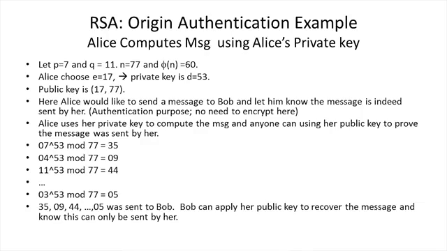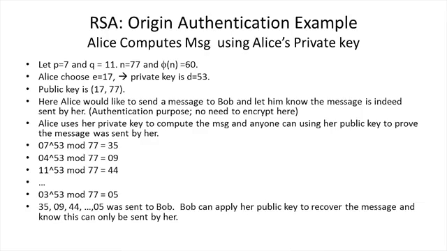Here, Alice would like to send a message to Bob, actually to anyone, and let them know this message was indeed sent by her. So the purpose is authentication. We do not intend to hide the message, so there is no need to encrypt here. Alice uses her private key to compute the message, and anyone can use her public key to prove the message was indeed sent by her.